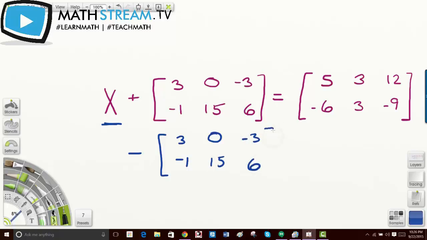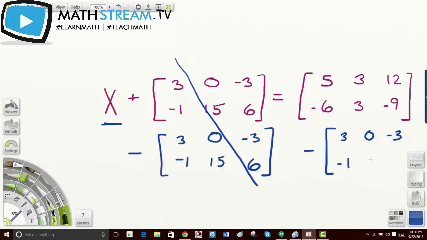So subtract this matrix from the left, which is going to make everything just disappear, and subtract it from the right, and we're going to get a new matrix. So let me write that out. On the left we have x equals, and on the right we have two 2 by 3 matrices that we're subtracting.